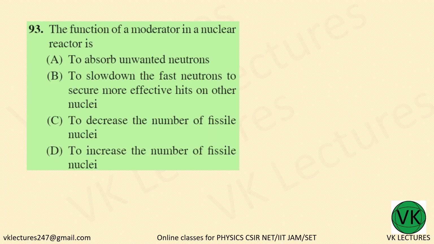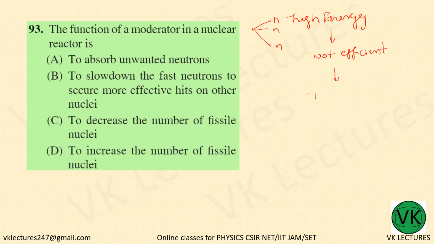The function of a moderator in a nuclear reactor. Now, what happens here? Once the first fission occurs, there will be about 2 to 3 neutrons. These neutrons will be of high energy. But these high energy neutrons are not efficient. So we have to bring them to thermal energy.